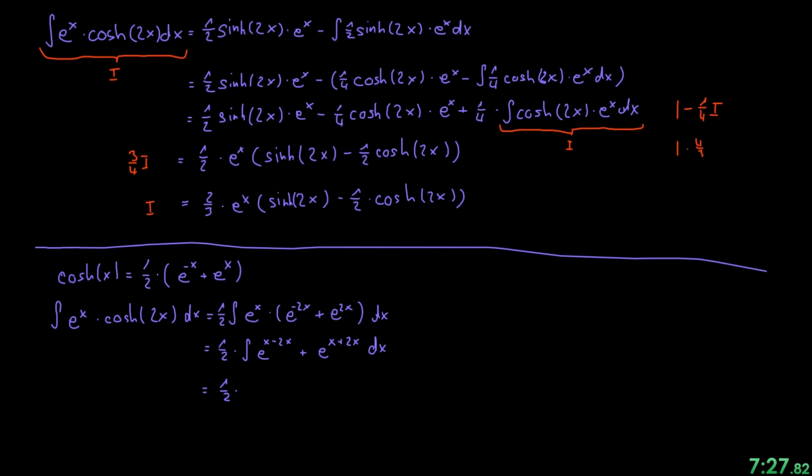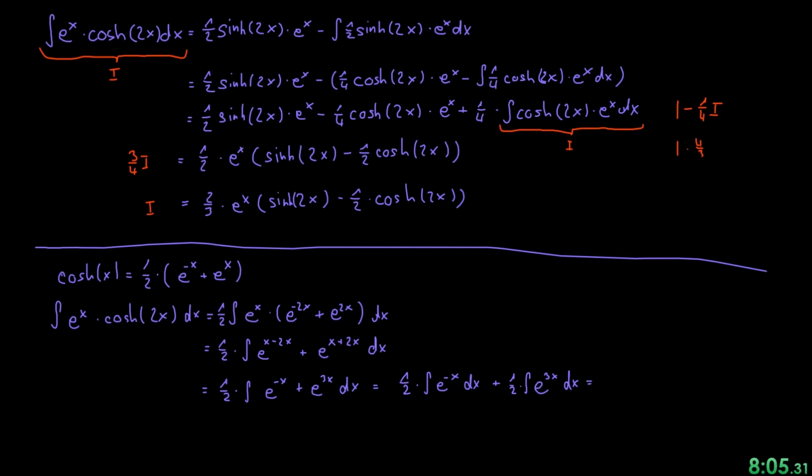We get 1 over 2 times the integral of e to the negative x plus e to the 3x dx, which is equal to, now we can pull this integral apart and we get 1 over 2 times the integral of e to the negative x dx plus 1 over 2 times the integral of e to the 3x dx.